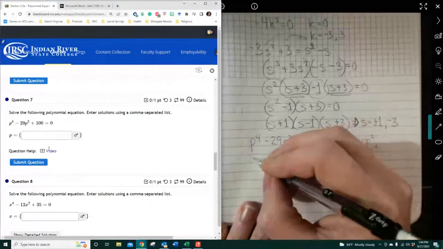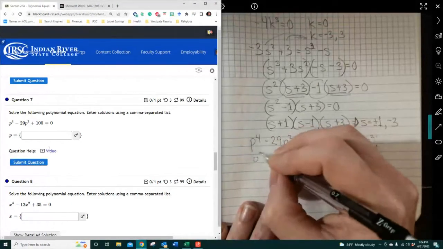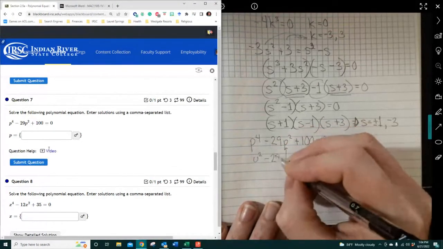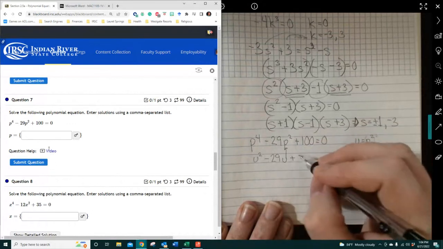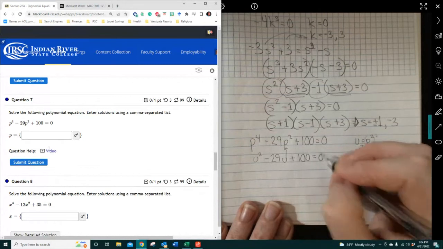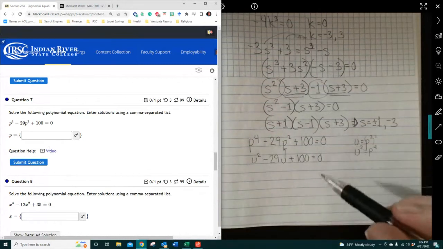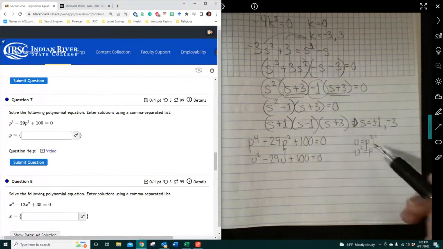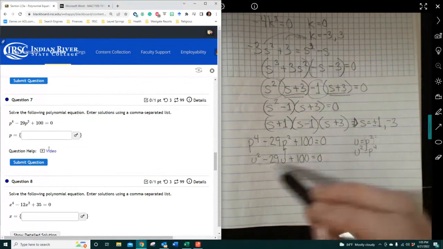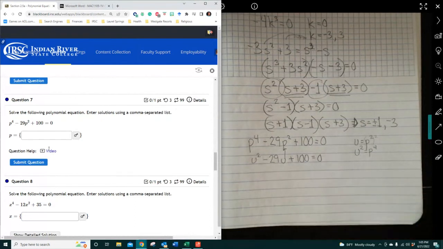So what we do is we say, well, then this p to the 4th is equal to U to the 2nd, and this number, the negative 29, then becomes just negative 29U plus the 100 equals 0. And I'm going to do a couple more of these where I'm going to represent the middle term by U, and I'm going to substitute in that U so I can get back to a quadratic. That's why this is called U-Substitution, because we want to substitute it in to get back to what looks like the form of a quadratic.